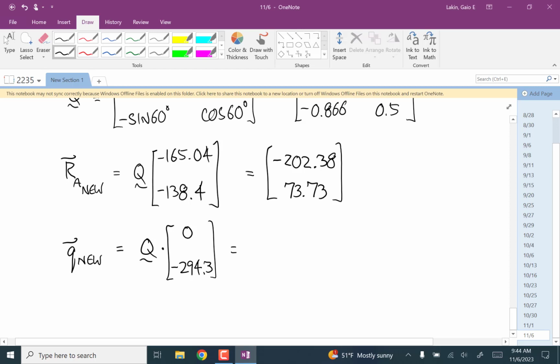And I get negative 254.87, negative 147.15. Anyone get that? Yep. I'm going to keep writing newtons per meter just as a reminder.